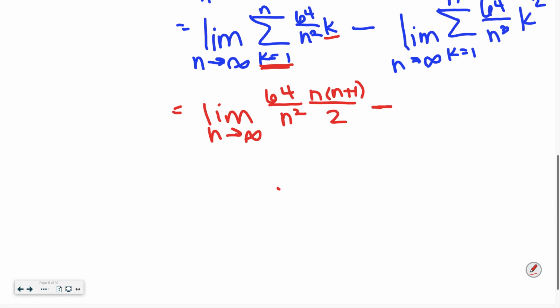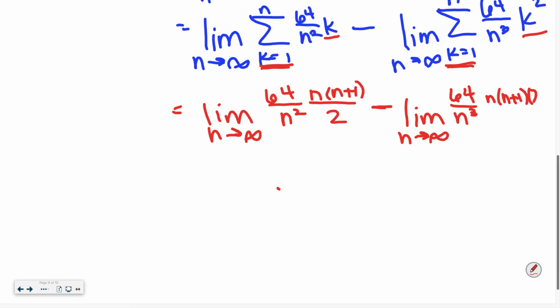And then we're subtracting the limit as n approaches infinity. The 64 over n cubed means nothing in our summation, but we do have the sum from k equals 1 to n of k squared. And we know that that is n times n plus 1 times 2n plus 1 over 6.